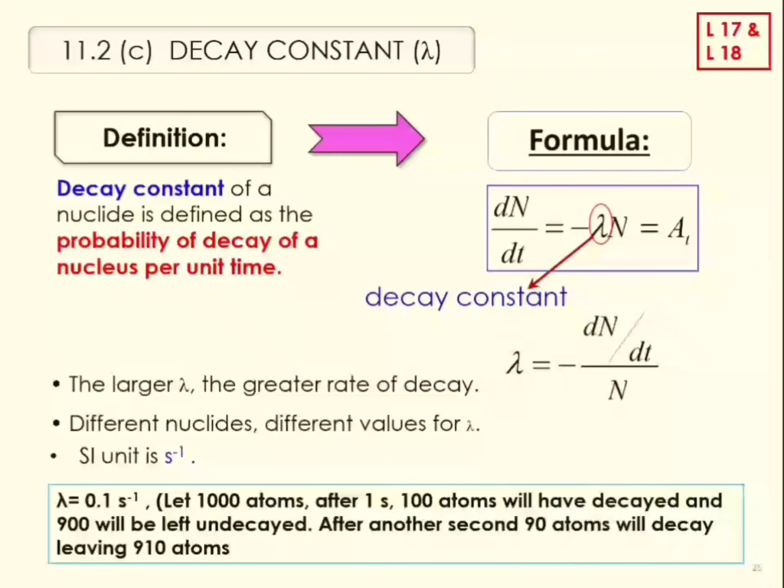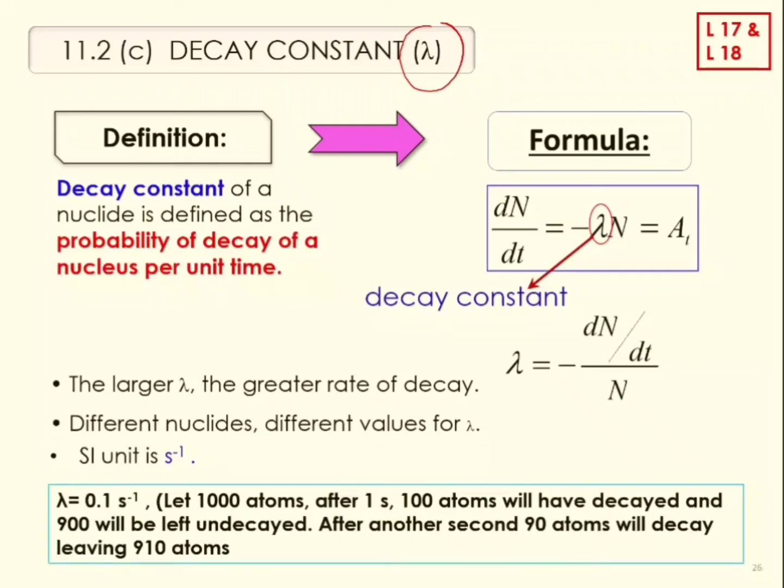Now we look at the definition of decay constant. This is the symbol for the decay constant, defined as the probability of decay of a nucleus per unit time. The larger the decay constant, the greater the rate of decay.